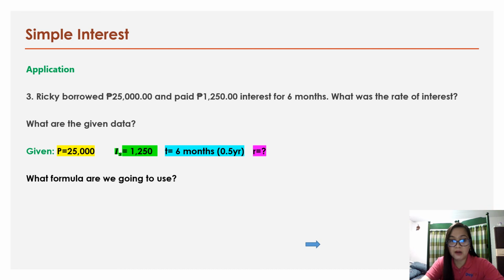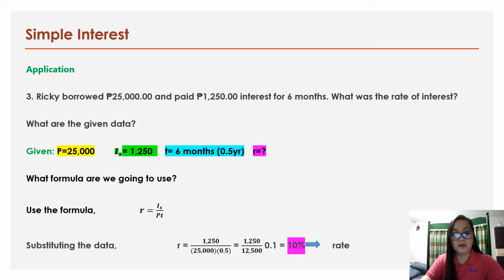And what formula are we going to use? We will use R is equal to I sub S divided by P times T. There is only one formula in solving for the rate. So substituting the value, we got R is equal to 1,250, that is our simple interest, divided by 25,000, which is the principal, and time, which is 0.5.